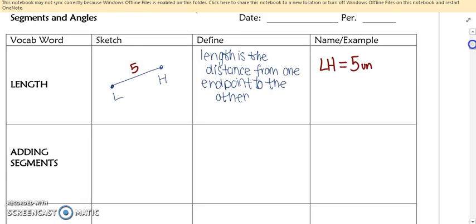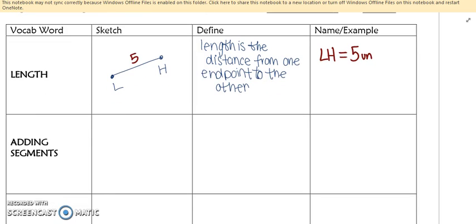Okay. We'll also be asked to add segments. So with this, let's say that we have our segment, and we have a point in between those two endpoints. So maybe we have LH and then T in the middle. So adding segments, we're thinking about part plus part equals whole.